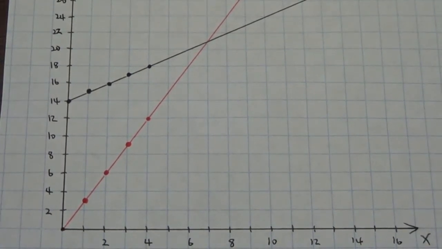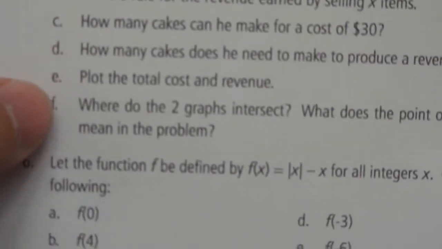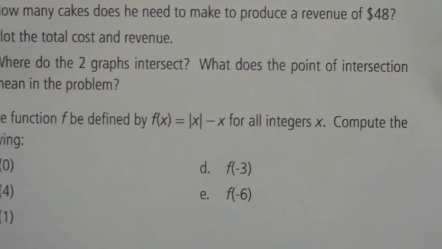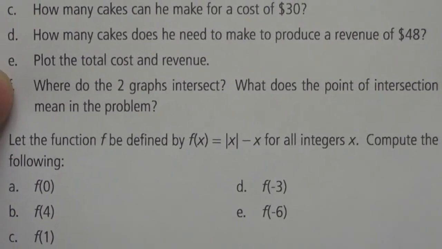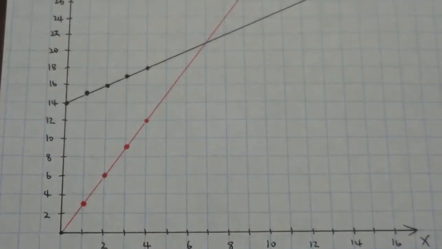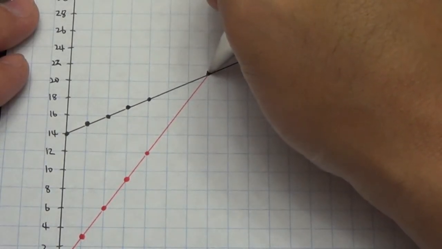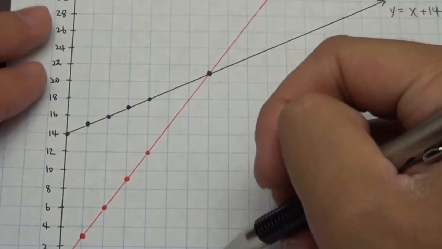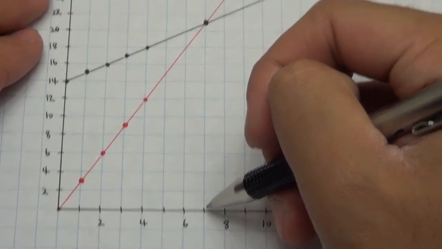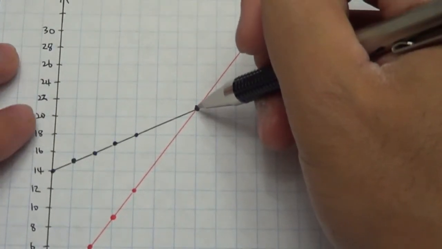Now last, for question 5F, it wants us to identify where the two graphs intersect and what the point of intersection means. They intersect at this point, which is (7, 21).